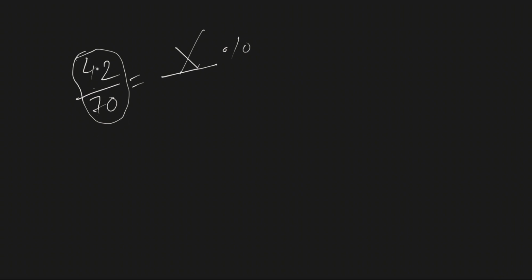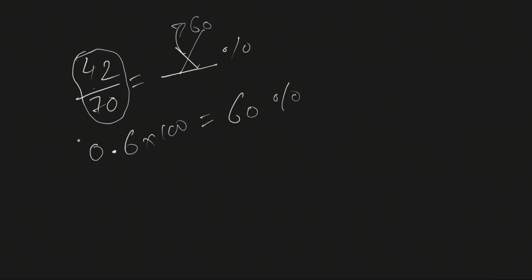If we divide 42 by 70 directly, we get 0.6, right? To get percentage, we multiply this directly by 100 and we get 60 percent. So that's our unknown here, which is 60.